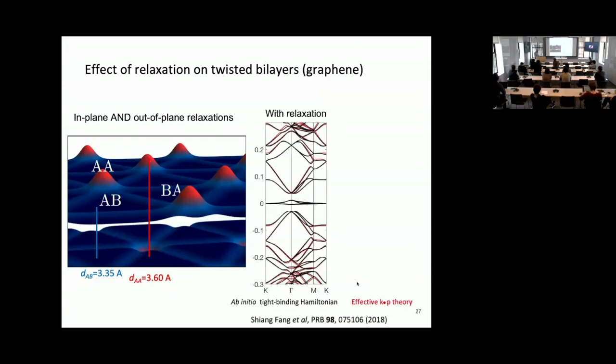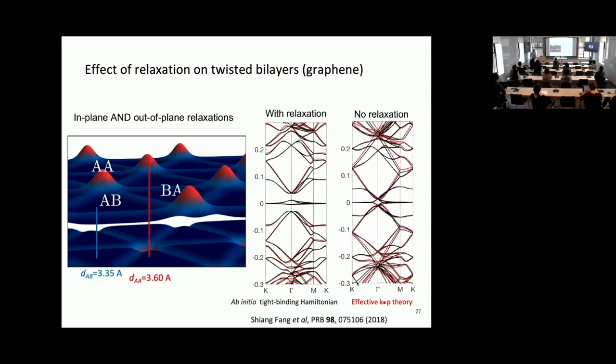And as I was mentioning earlier, it does have an important effect on the electronic structure, coming back to Andy's question. So this is the electronic structure with the full relaxation. And here are the flat bands near the Fermi level that produce the high density of states. This is the band structure without the relaxation, and this is basically what the Bistritzer-MacDonald model predicts.